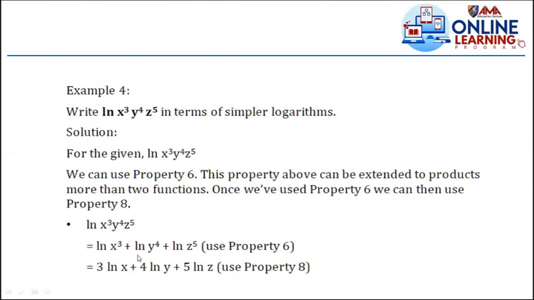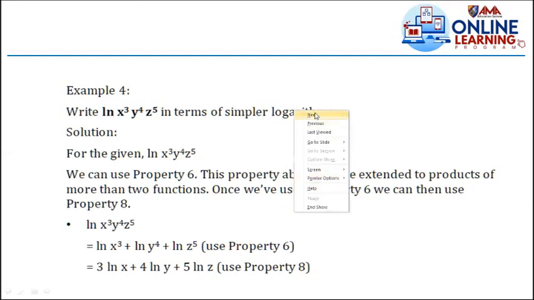We will do the same here. When we simplify, this is the exponent, so it becomes 3 ln x plus 4 ln y plus 5 ln c. So that is our answer using simpler logarithm form.